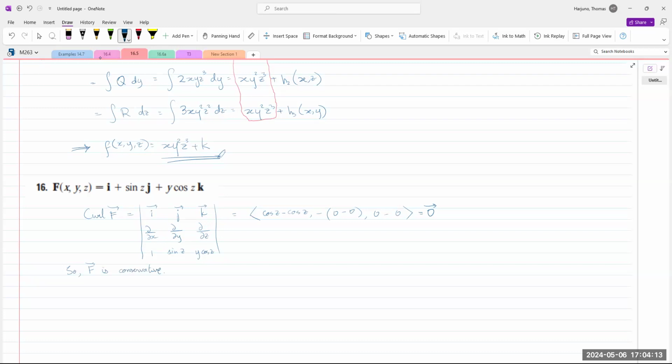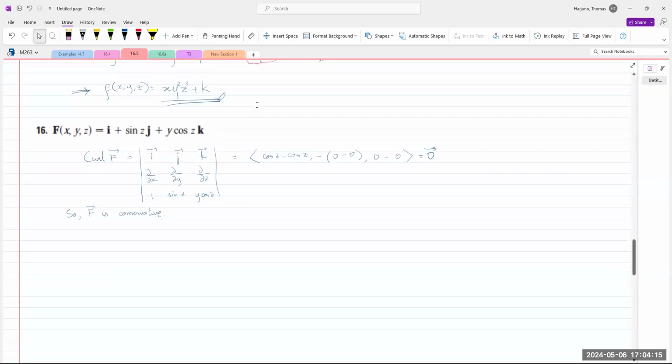Once we know that it is conservative, then we will look for the potential function, right? So let f be the potential function. Then f(x,y,z) is the integral of 1 dx. That will be x plus a function of yz.